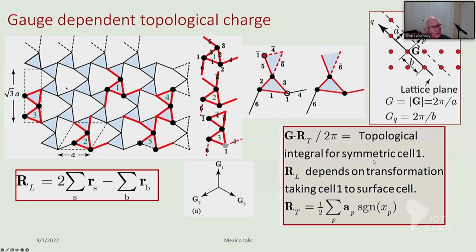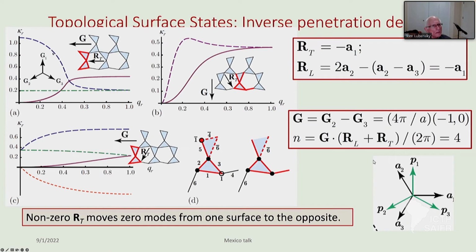Kappa R, yes? Okay, kappa R. And this is an inverse penetration depth, you said, right? So the wave function for this state is e to the minus kappa R times x, times e to the iQy, along the vertical direction, and e to the minus kappa R. And you have a negative solution for the orange curve?